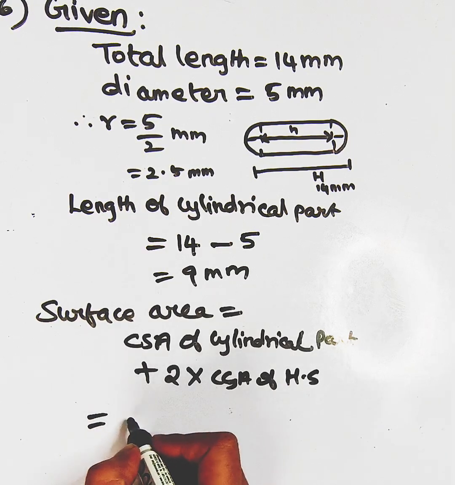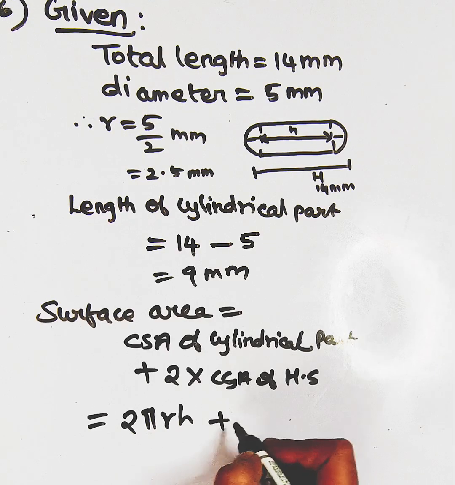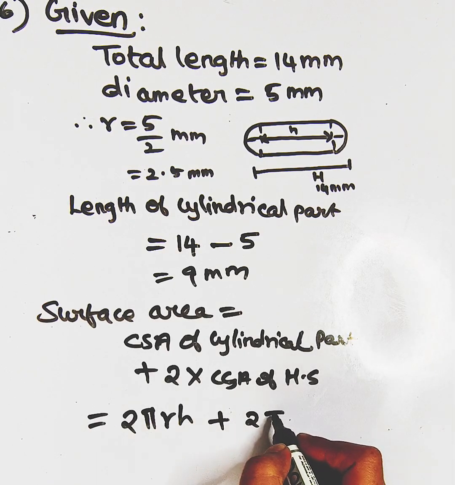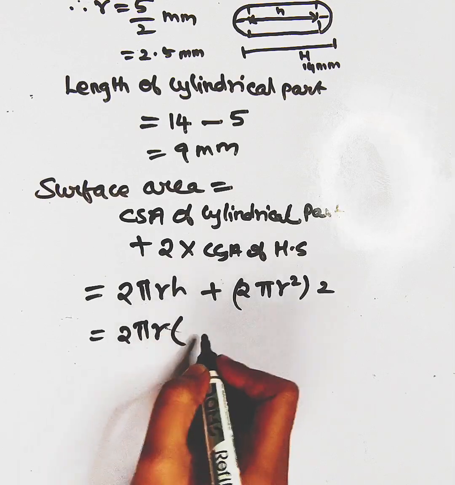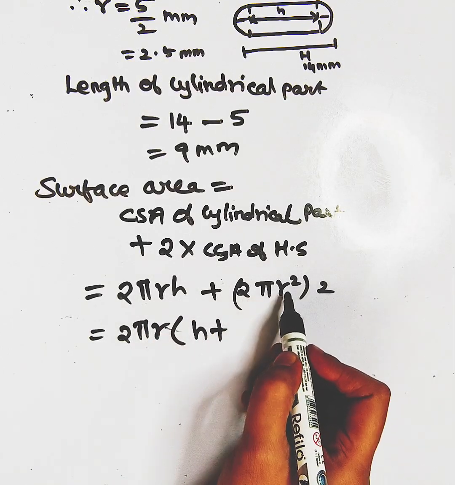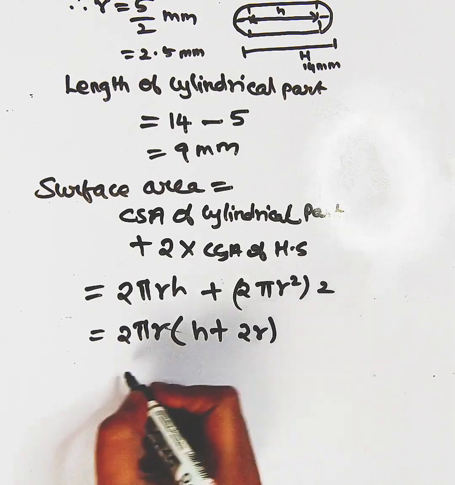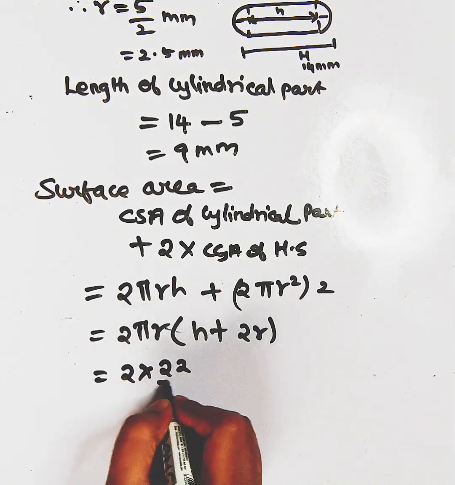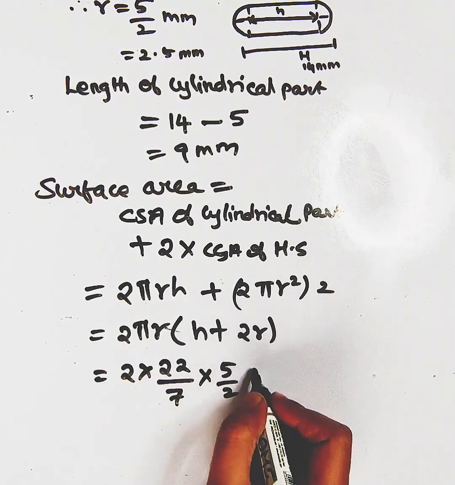Okay, the formula will be: CSA of the cylindrical part is 2 pi r h, and here it is 2 into 2 pi r square. We can take 2 pi r as common, we get h plus 2 r. Substitute the values: 2 into 22 by 7 into r is 2.5, or you can take it as 5 by 2.